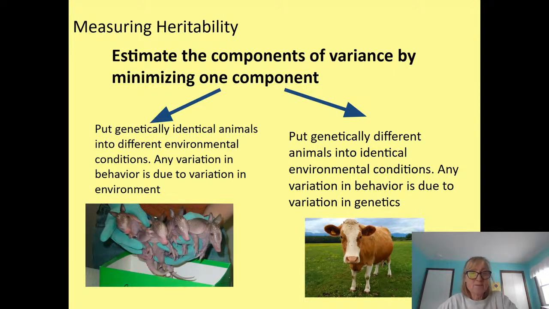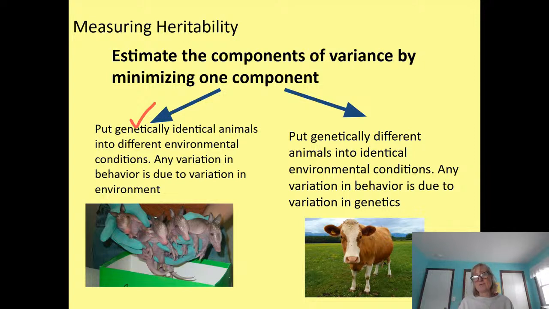So, for example, we could come up with genetically identical animals, a strain of mice that are genetically identical that we're going to use in some research, and put them into different environmental conditions. We're going to expose them to different kinds of environments when they're young, like one that's very stimulating, has lots of toys in it, lots of different adventures they can go on, and one that's very boring.